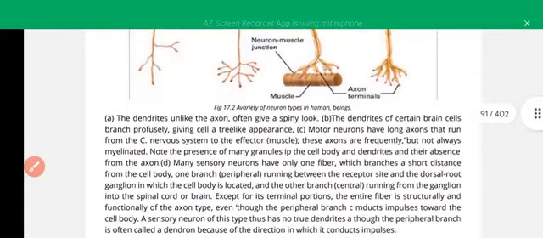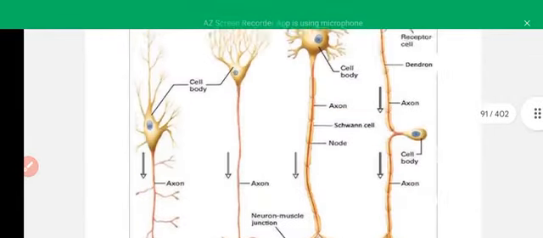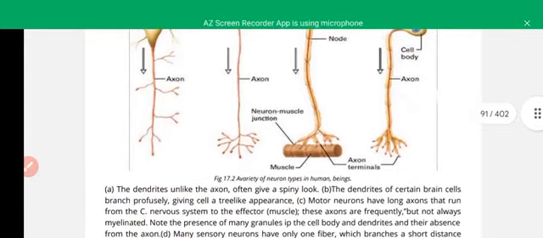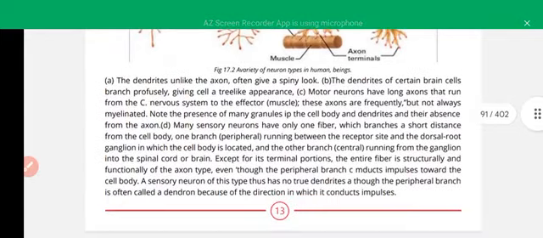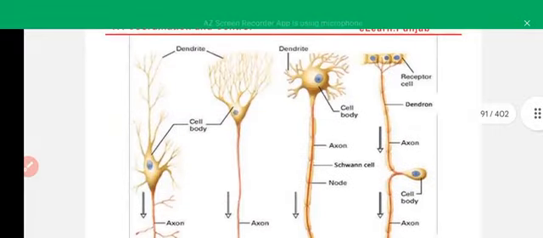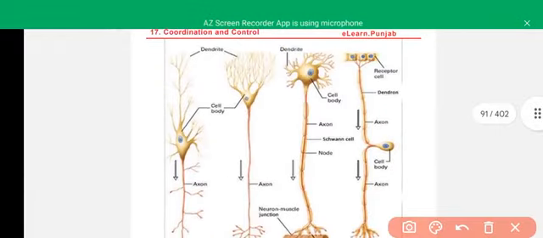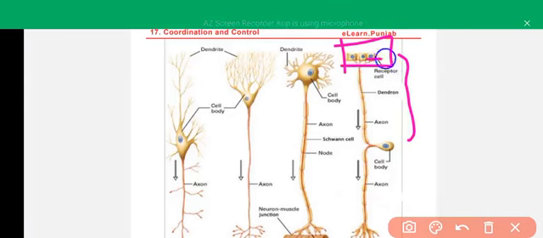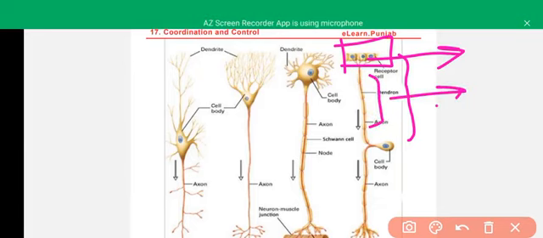Then we will study about sensory neurons. Some sensory neurons have a single dendron. It is like an axon in one part, and at the terminal part it is like a dendrite. Here are the dendrites, but at another part it is like an axon, and there is also myelin sheath covering.